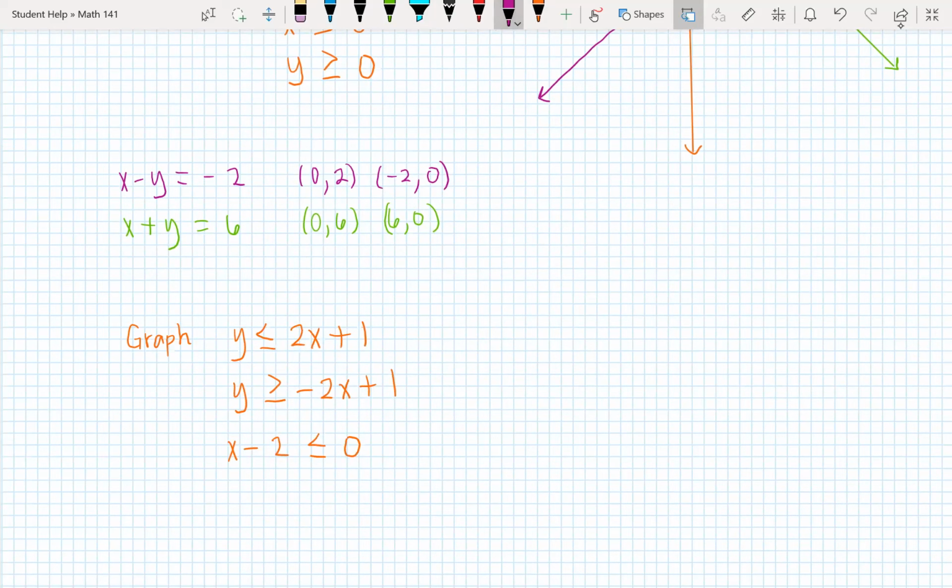So looking at these lines, y equals 2x plus 1, I have the points 0, 1, and when y is equal to 0, x is equal to negative 1/2.